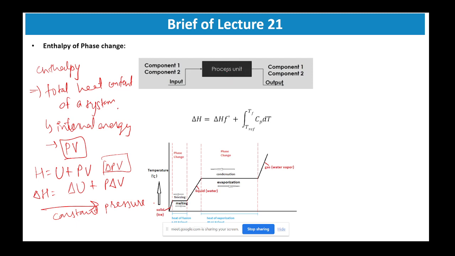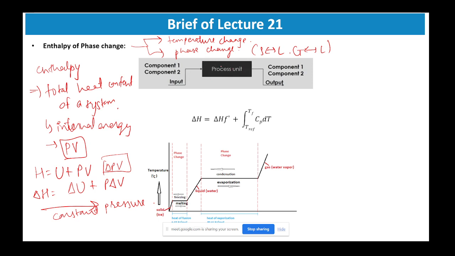So now if you have any system in which there can be two things happening. There is first temperature change of the components that are present in the system, and there can be phase change, like from solid to liquid or liquid to solid, gas liquid phase change, etc. So in that case, how do you apply energy balance?